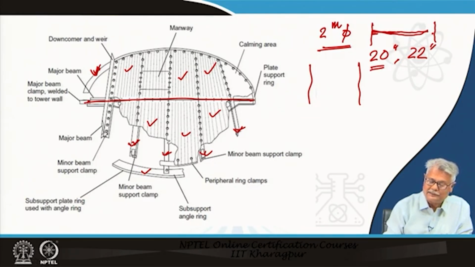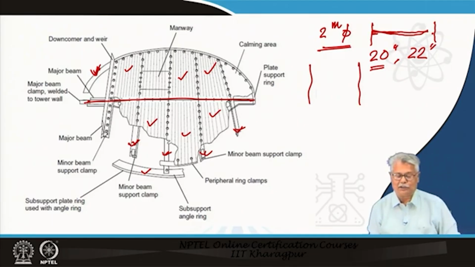There are boltings across the major beam support also. I believe by this time you have a fair idea how the deck is placed. You will definitely notice that here there is a downcomer and a weir. Here only the weir portion is shown, the downcomer is below this, not in view, and that is also bolted.